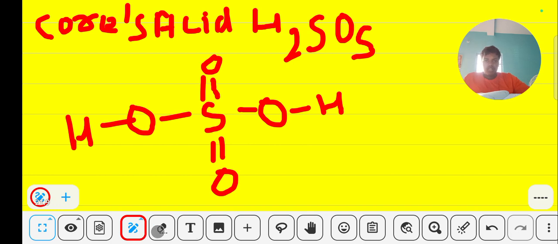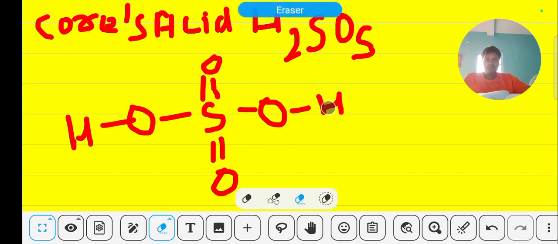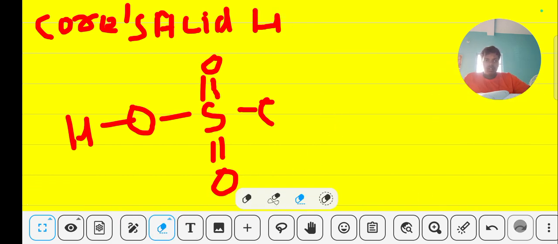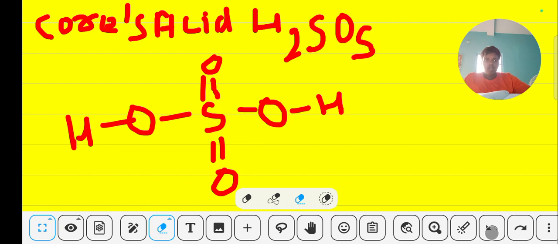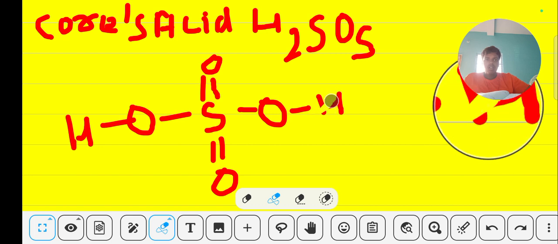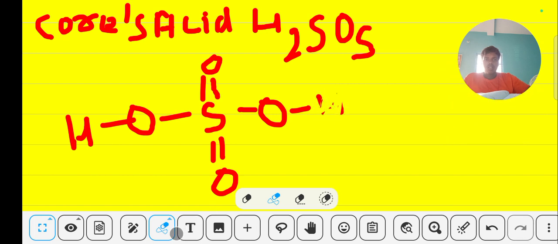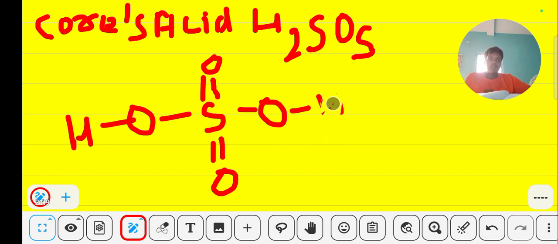So let's draw it. Here we add one oxygen and one hydrogen. Now let's talk about its oxidation state.